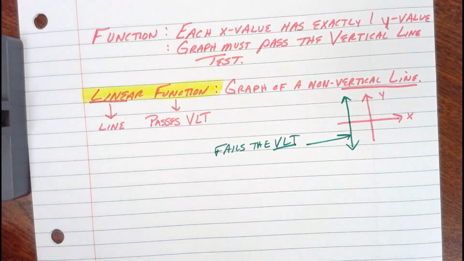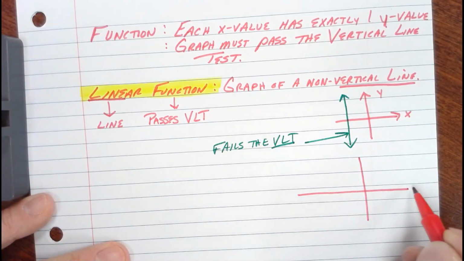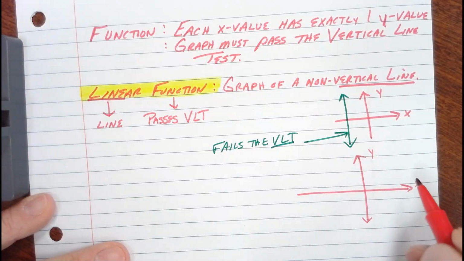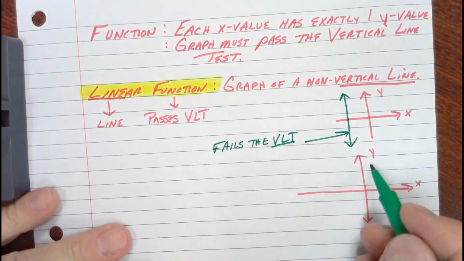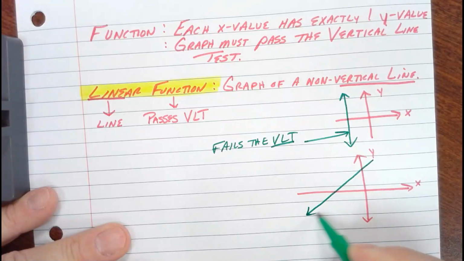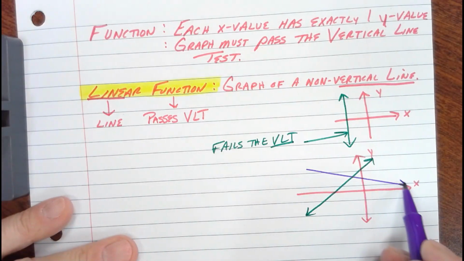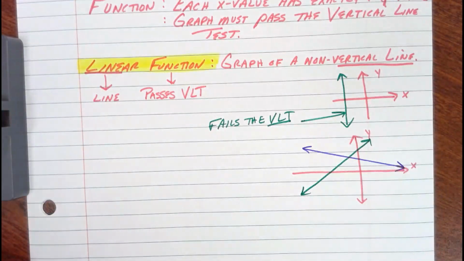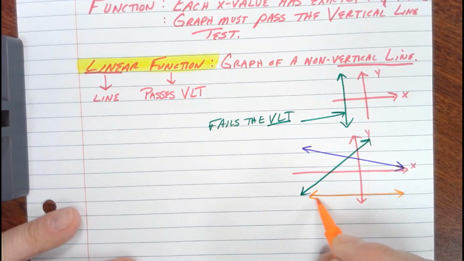Because all of our other graphs all pass. Even a graph with a slope of 0.